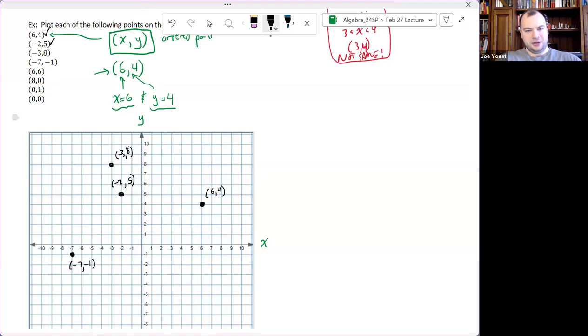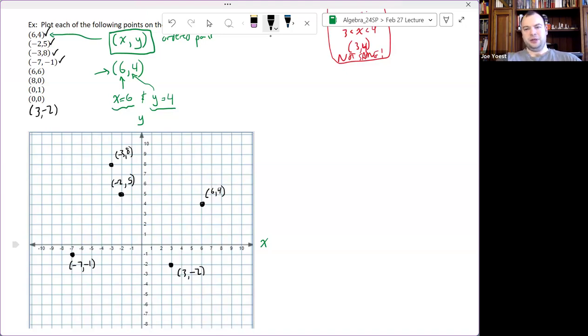And if I wanted, I guess I didn't write it up here, but if I wanted, say, (3, -2), I would go to 3 on the x-axis, down 2, so looking for that intersection with -2 on the y-axis. This would be (3, -2).